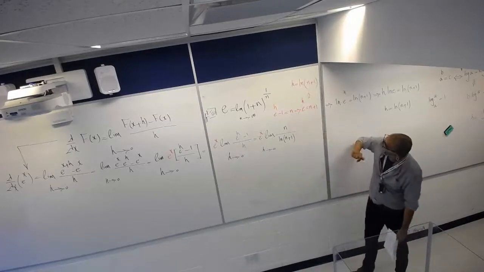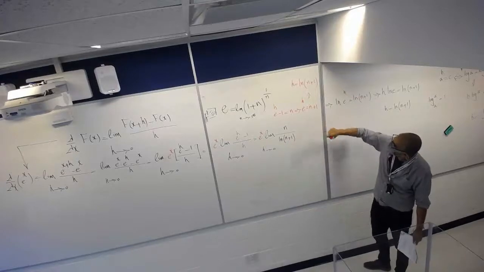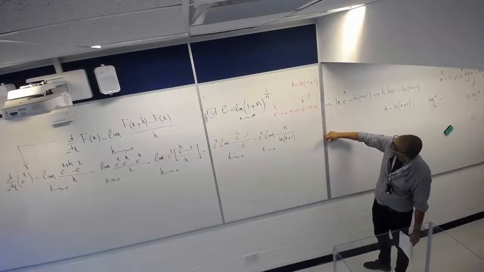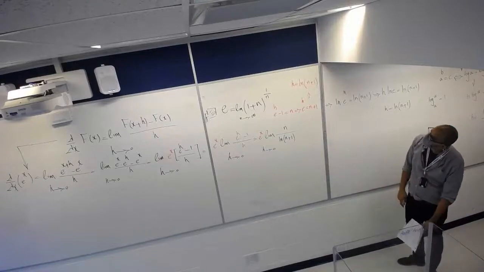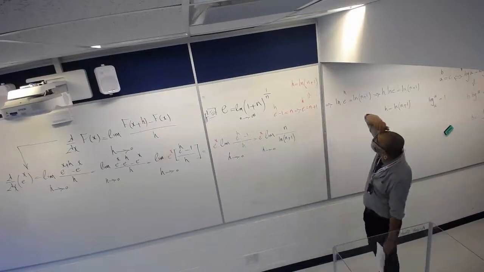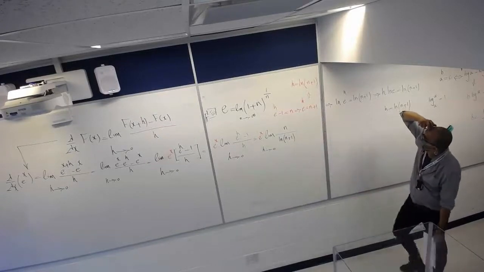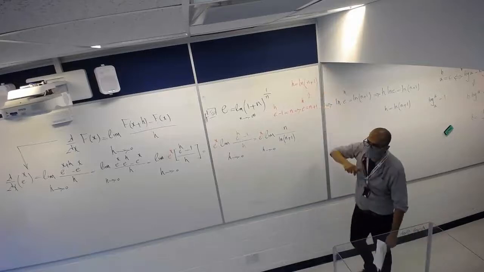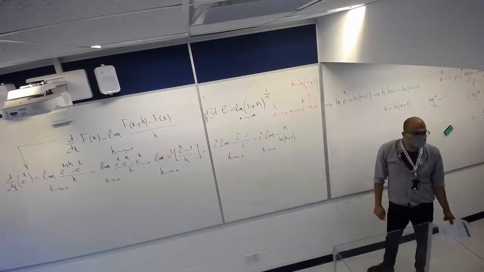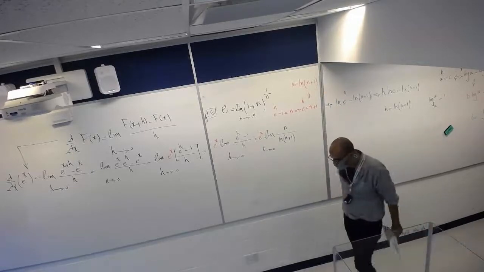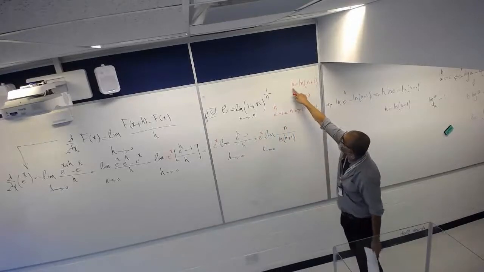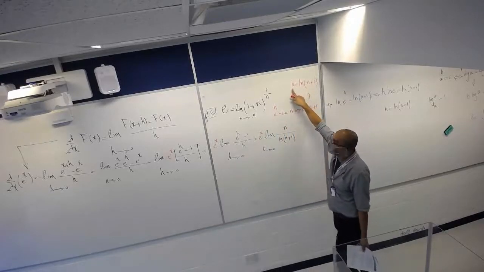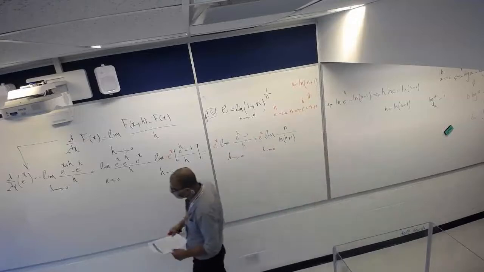You come back there. You see that if h goes to 0, how much is going to be the value of n? If h goes to 0, can you think from there? h is going to be 0, then how much is going to be the n?